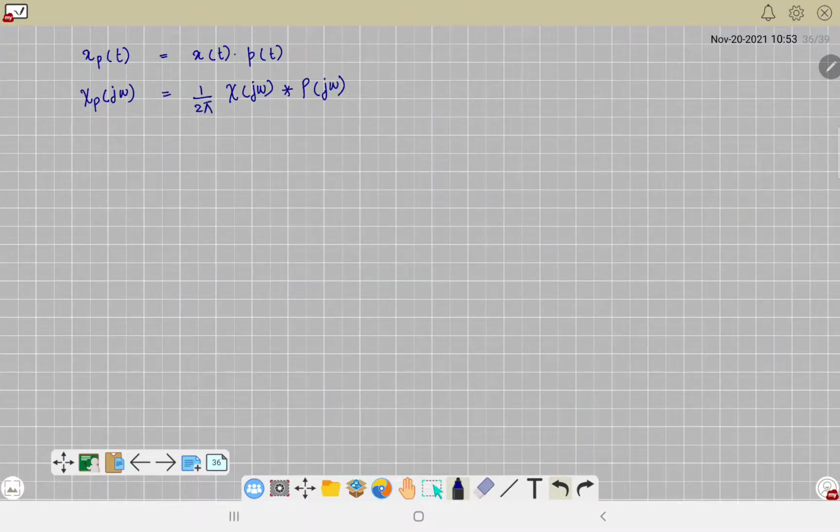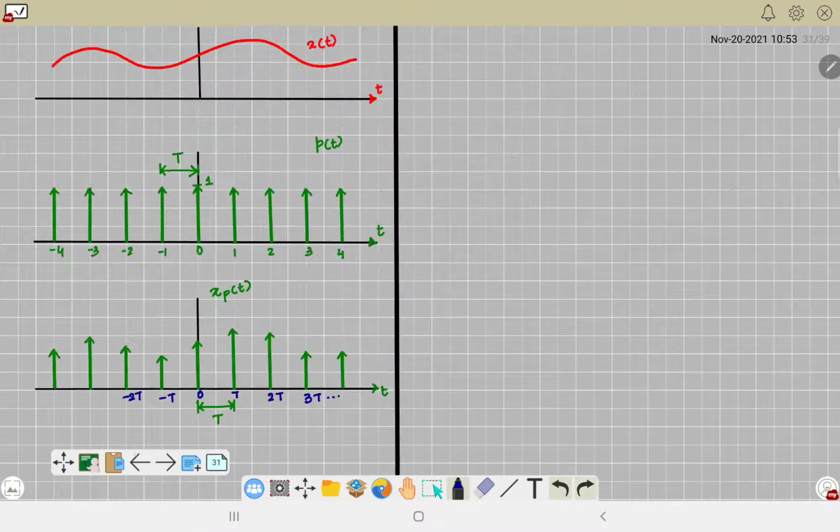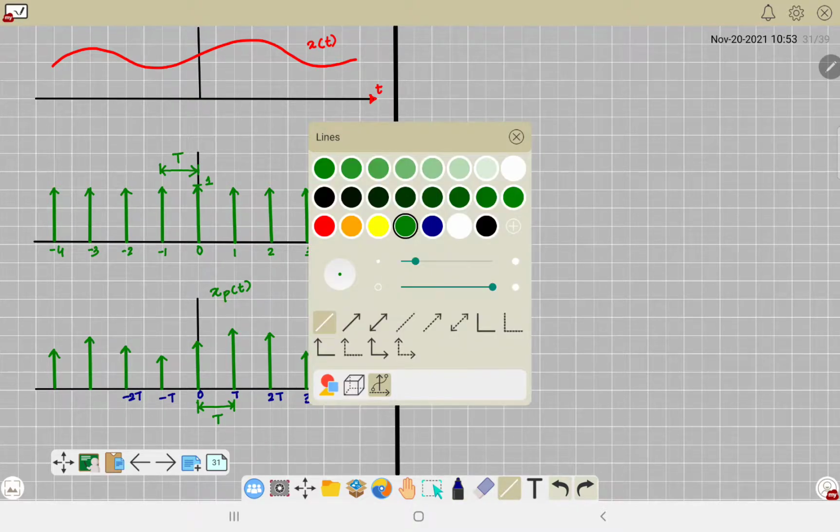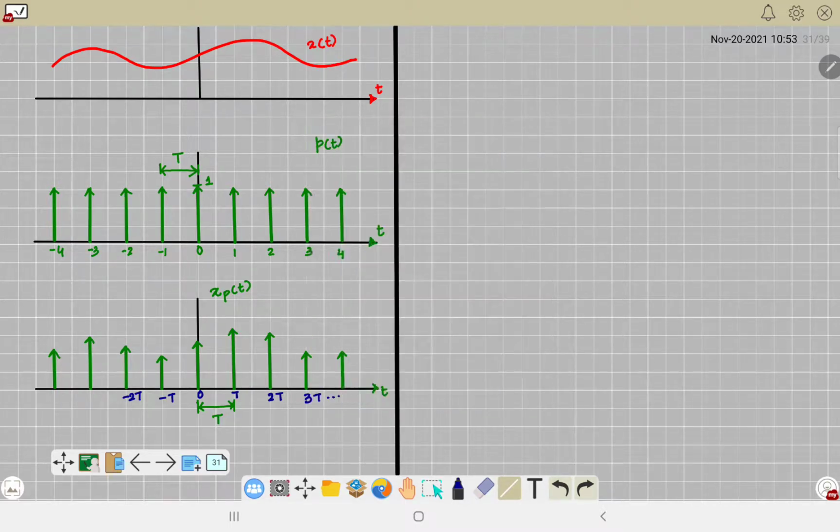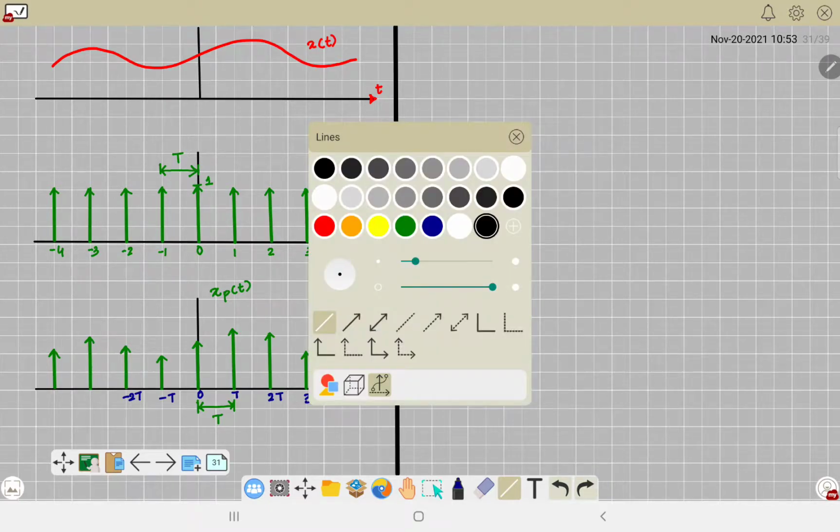Now we have X of j omega. It is the Fourier transform of your continuous time signal. Fine. So graphically, let's assume that it is a typical signal.